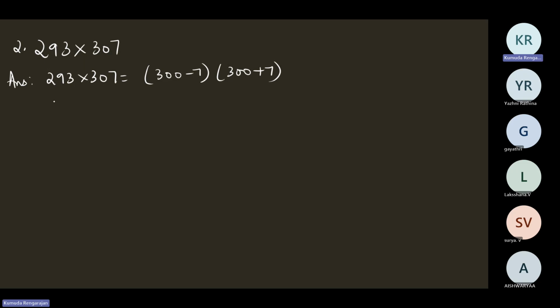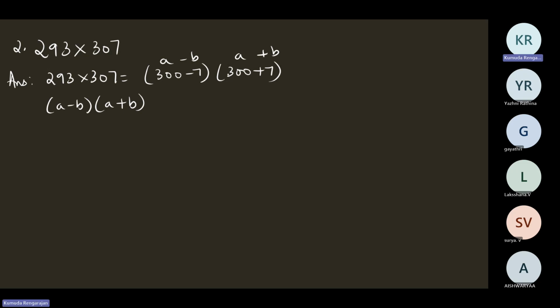So this is of the form (A minus B) into (A plus B). 300 minus 7, A minus B. For an expression to be of this form, the terms in both the brackets must be the same. 300, 300, 7, 7. A, B. Minus, plus.